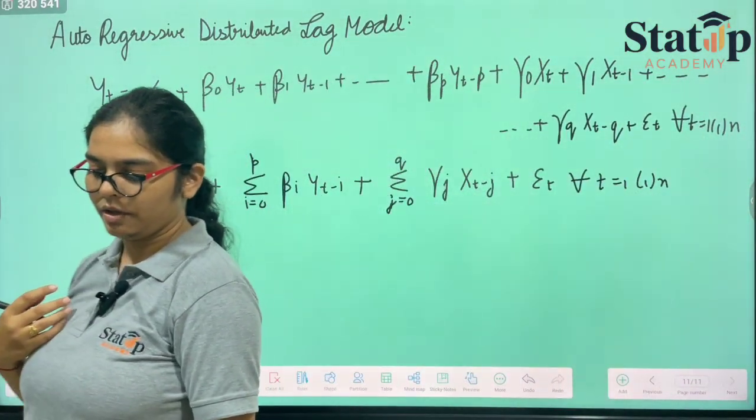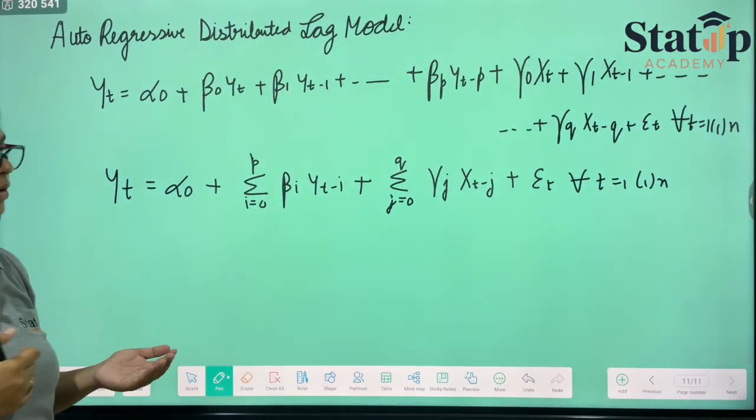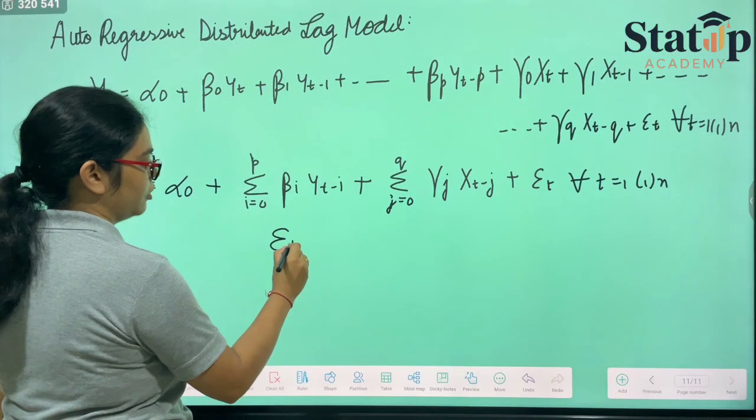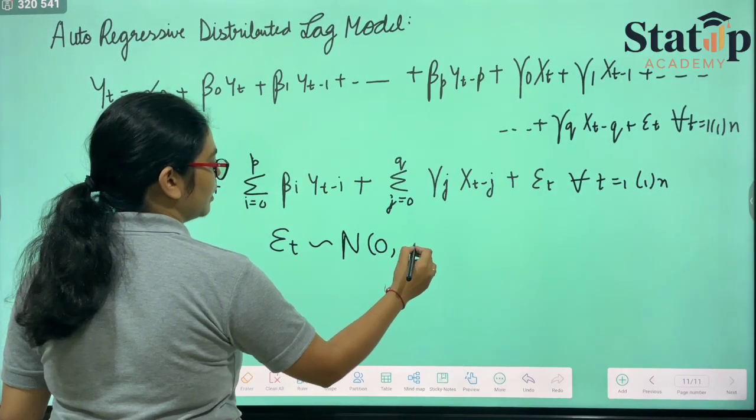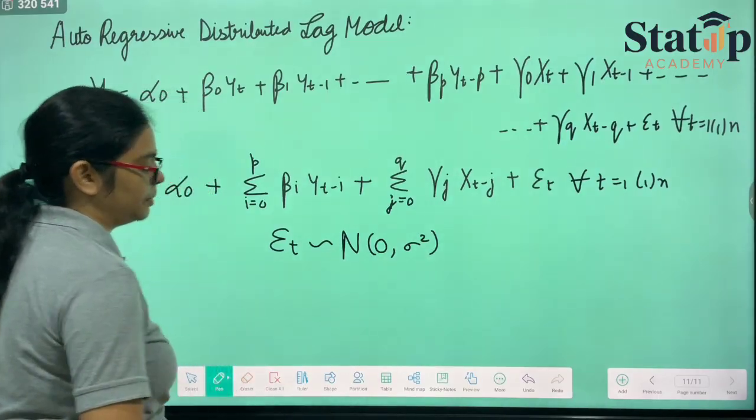This will be our y_t. Now we have here epsilon_t follows normal with mean 0 and variance sigma square respectively.